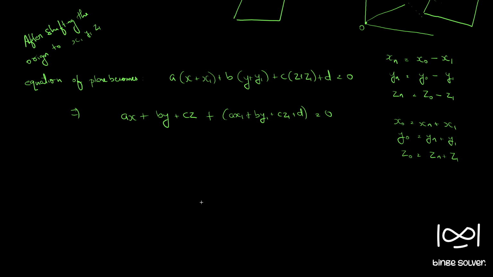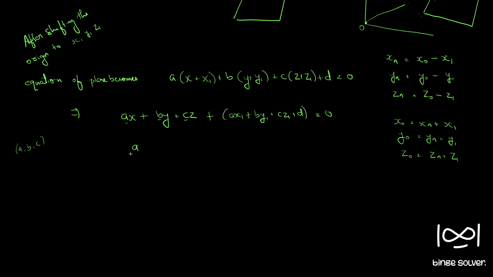To convert this equation into normal form, this has to be in direction cosines. We just need to divide by root of a square plus b square plus c square. This is in direction ratio form, and to convert any direction ratio into direction cosines, say if a, b, c is the direction ratio, we just need to divide every term by root of a square plus b square plus c square.